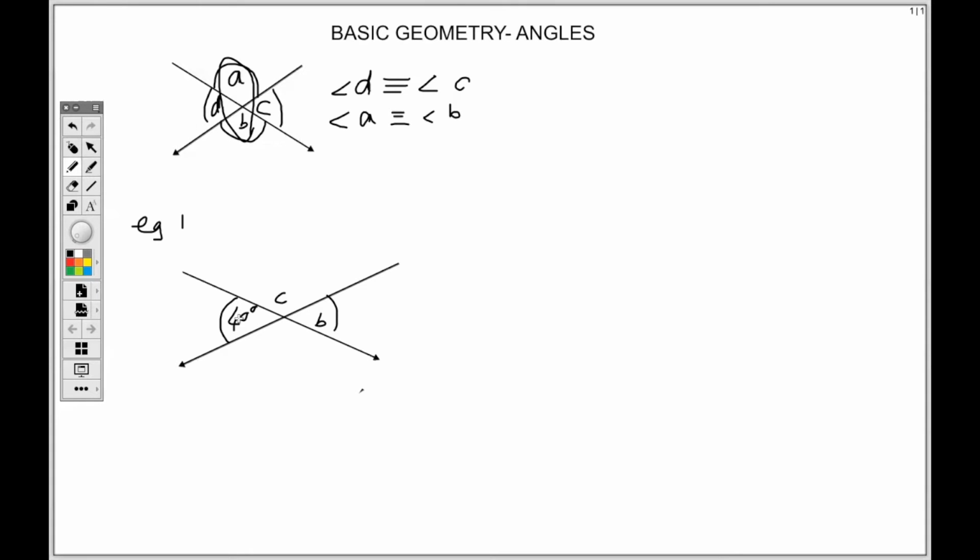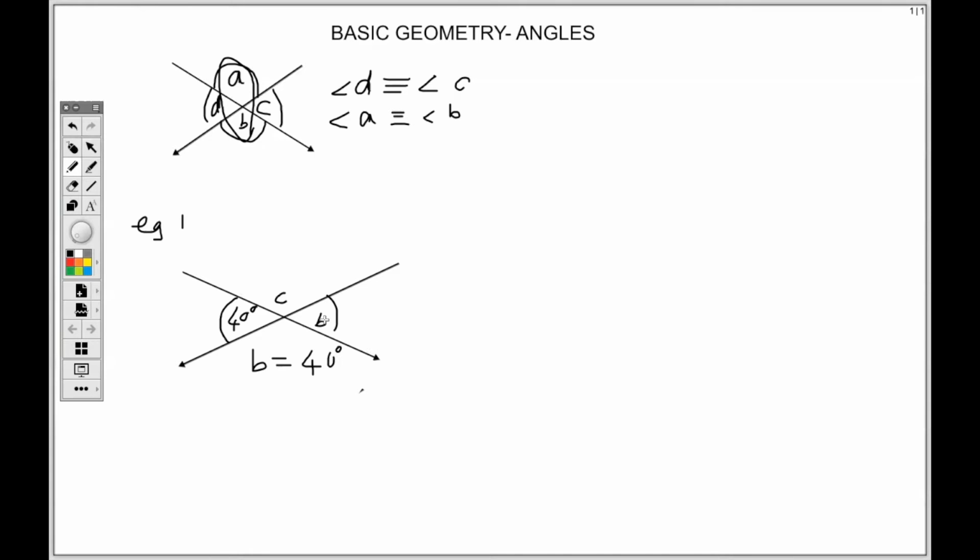Now, since I just spoke about vertically opposite, we have two lines intersecting. So I know that if this is 40 degrees, then angle B is also 40 degrees because they're vertically opposite. Also, angles on a straight line add to give me 180.